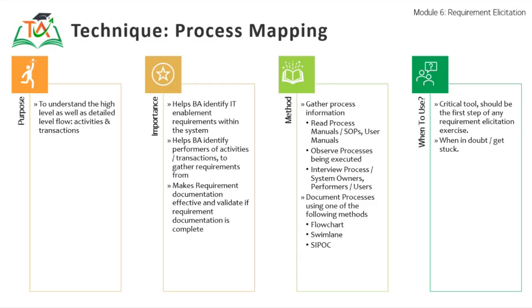All these things get documented as part of process mapping, and they become the foundation for your detailed level requirements. So the purpose is, as stated here, to understand high level as well as detailed level flow, activities, transactions within that flow, what rules, etc.